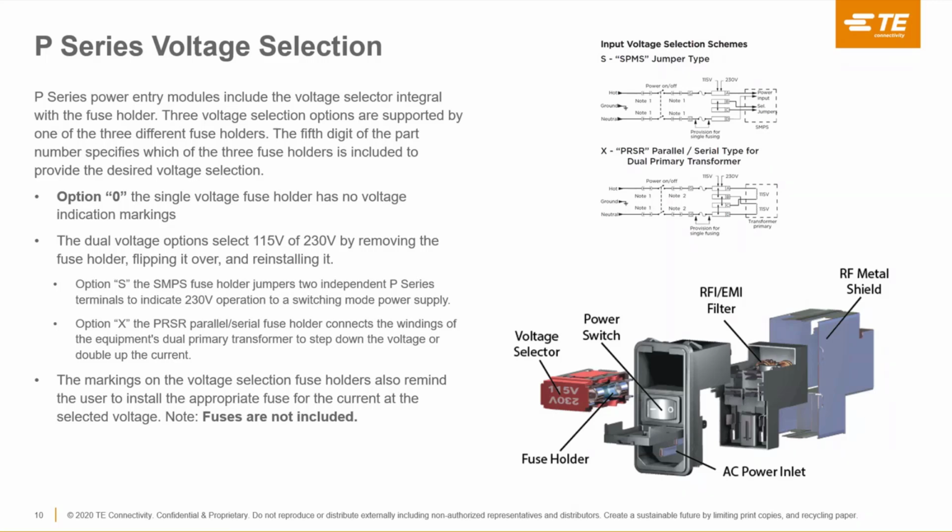In the past, with some of the first switching power supplies, you still had a little switch or a 2-pin connector that you would either short together or leave open. And that's what the top one is, with the SPMS, where it took the BNC connector and shorted it together.